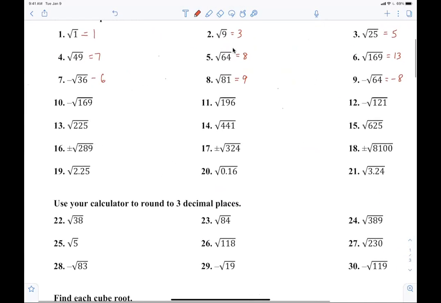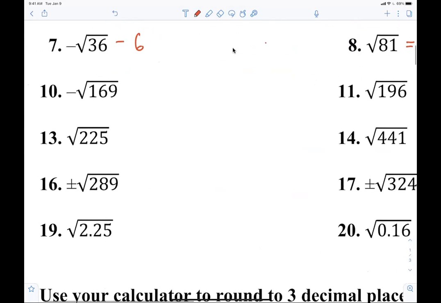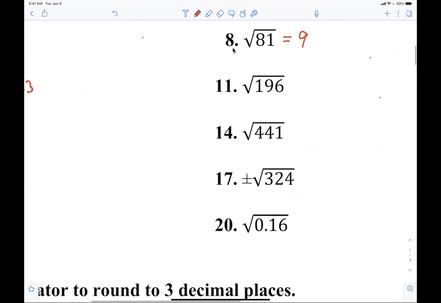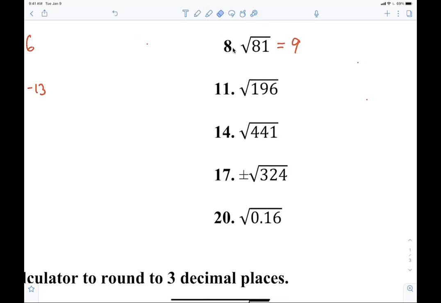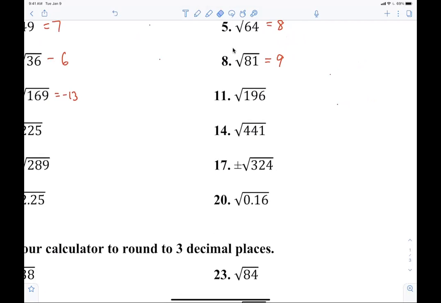All right, Maggie, you're on number 10. -13. Yes, -13. And now, well, look at your chart that you wrote down. Right? I told you to write it down because I knew you were going to need it. Now you got to write them down.